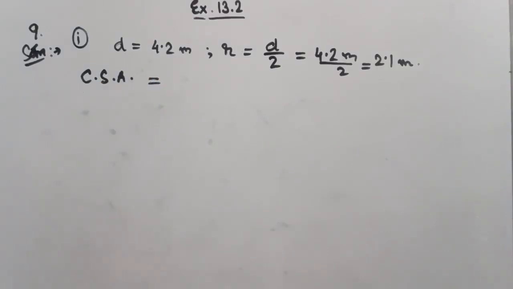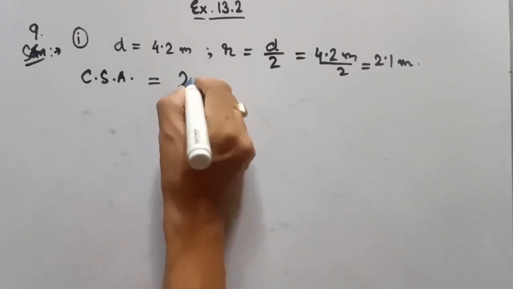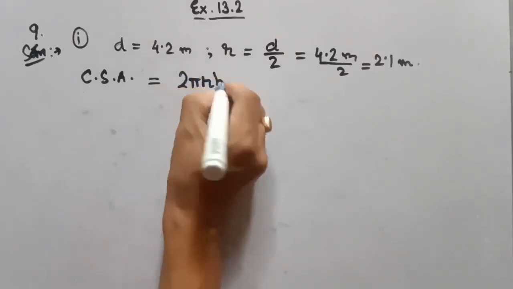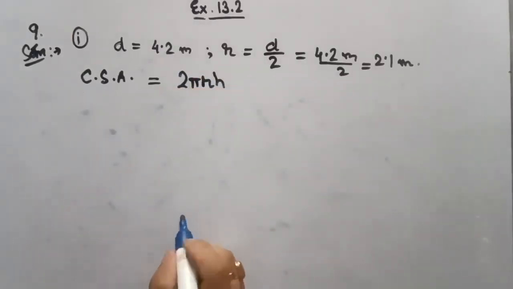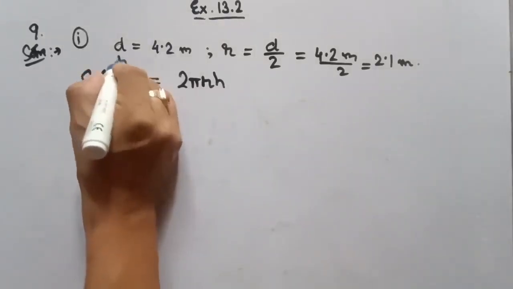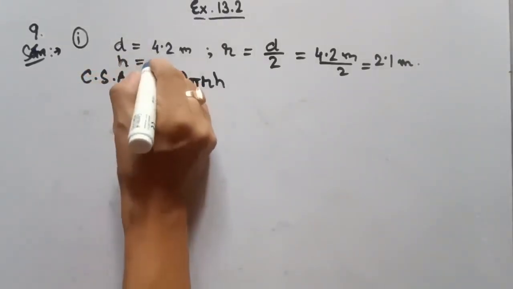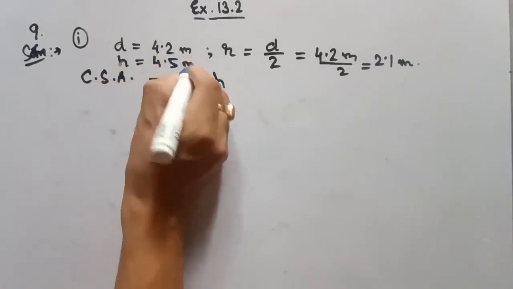Now, the curved surface area of the petrol tank, since it is in the form of a cylindrical shape, we are going to use the formula for curved surface area, that is 2 pi r h. And also the height of the tank is given as 4.5 meter.